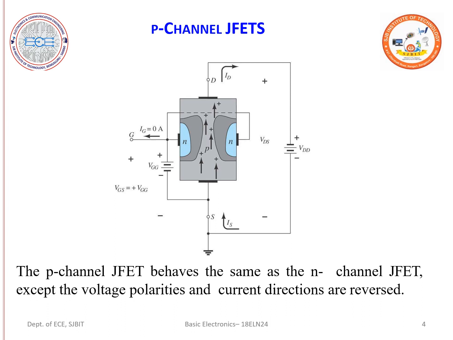The source and the gate terminal are internally connected, as shown here. The upper side of the channel is the drain terminal, and below the channel is the source terminal.